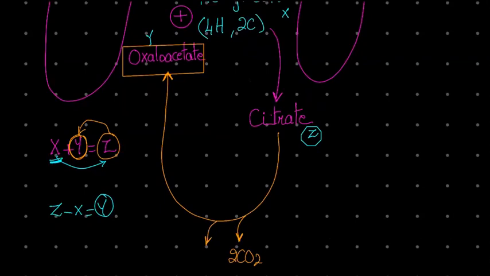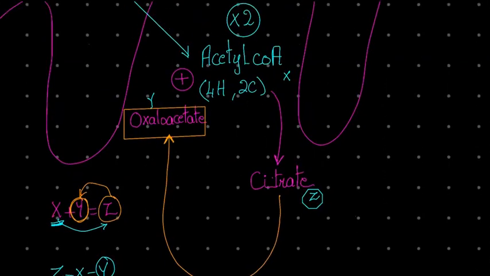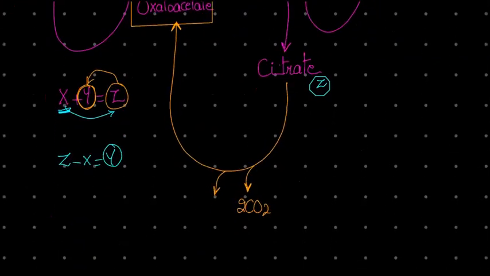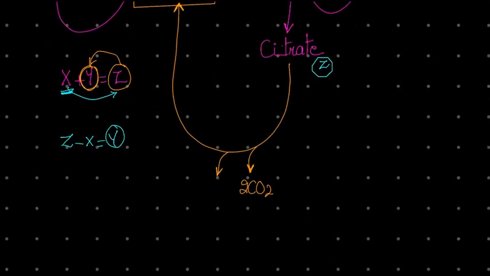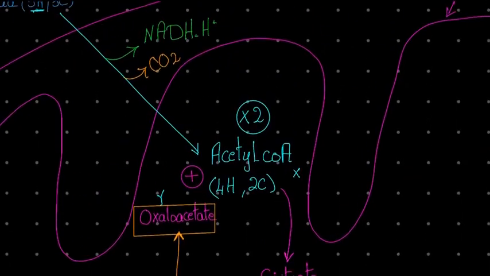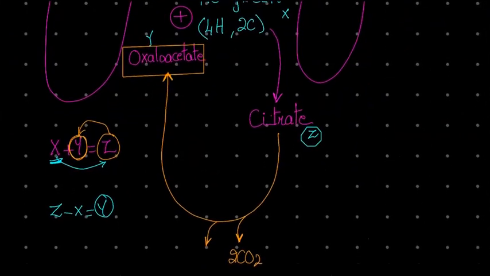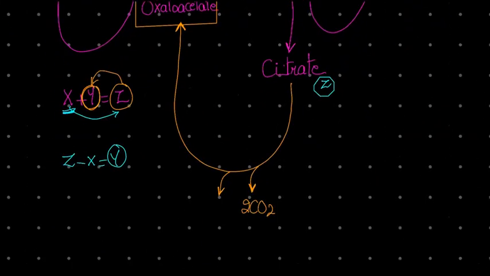Exactly, 4. So you've got 4 in each acetyl-CoA. So you're gonna be losing 4 of your hydrogens. 3 of them gonna be carried on a carrier called NAD, like the ones that we've used before.